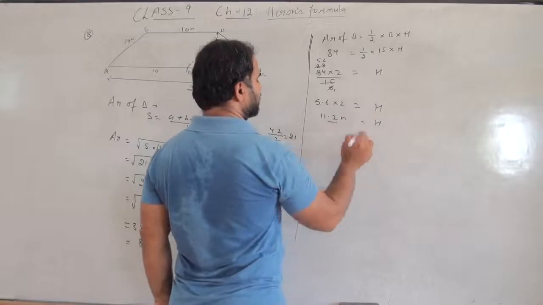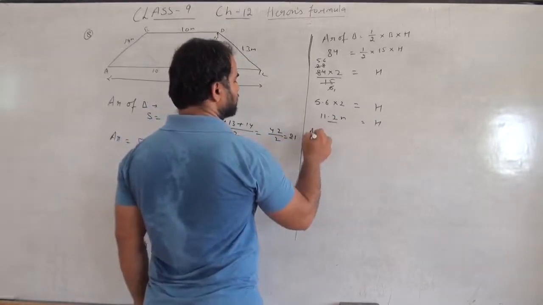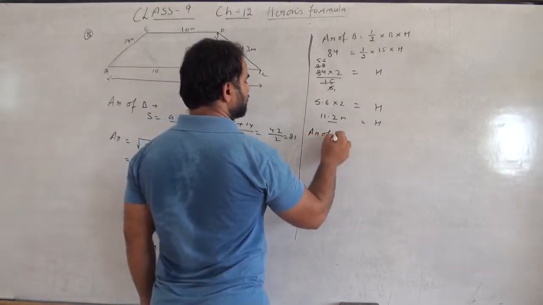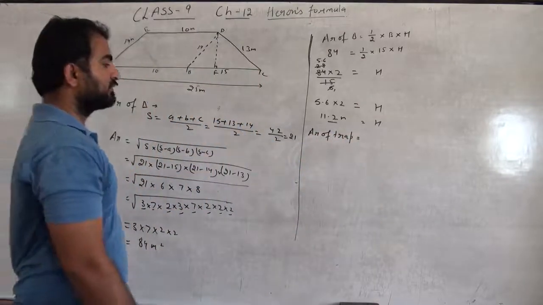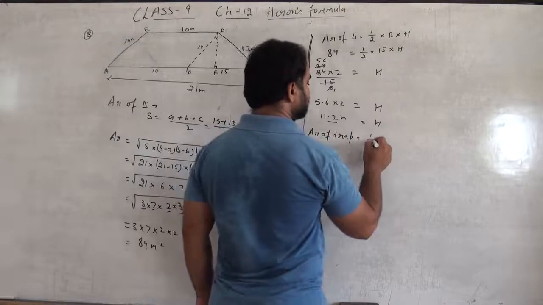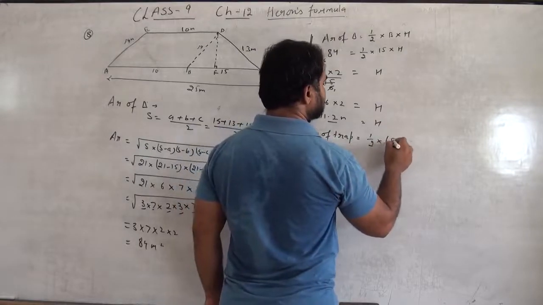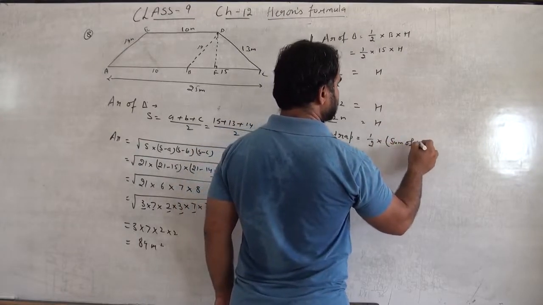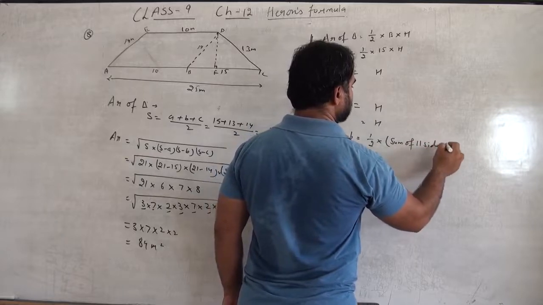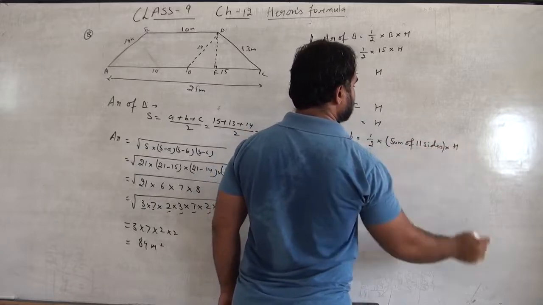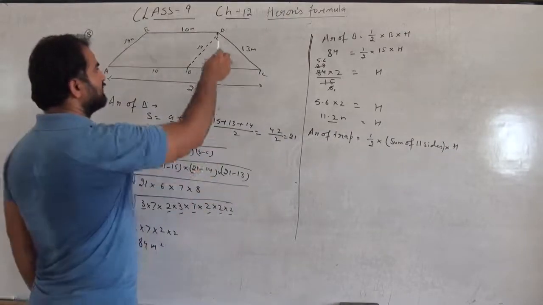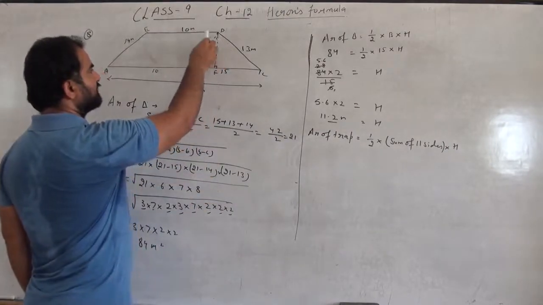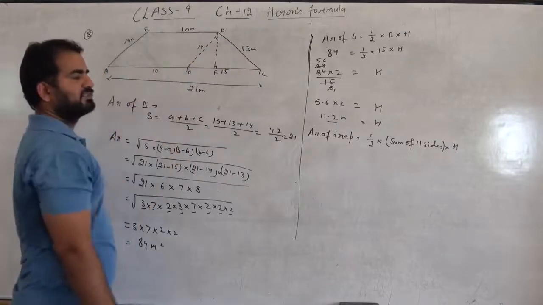11.2 meter. Now area of trapezium will be, because we have to find the whole area of the trapezium, it will be 1 upon 2 into sum of parallel sides into height. So this is the height of the triangle, and this will be the height of the whole trapezium also.